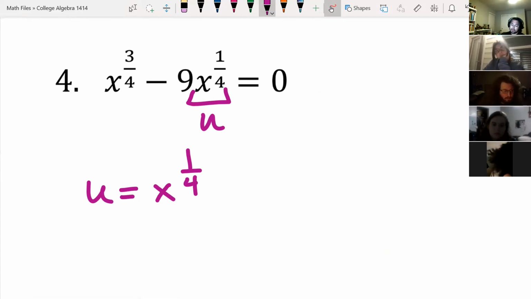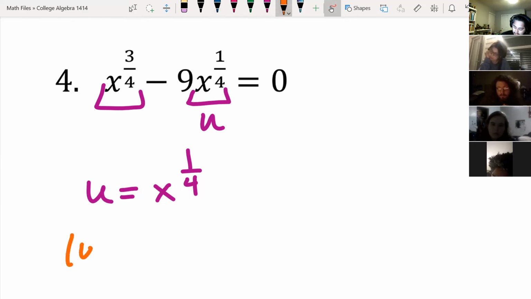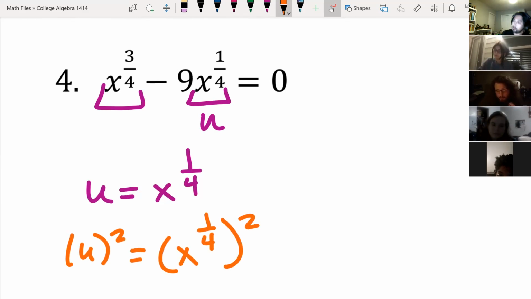Now we need to make a substitution for the leading term. Normally, what would we do to both sides? Squaring it, right? But is this going to work out in this situation?